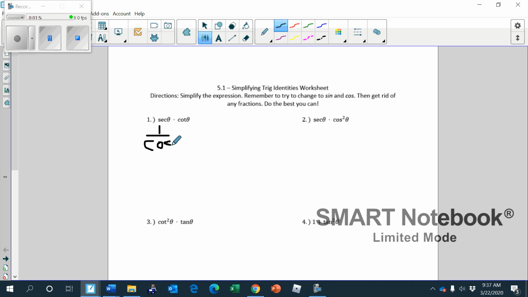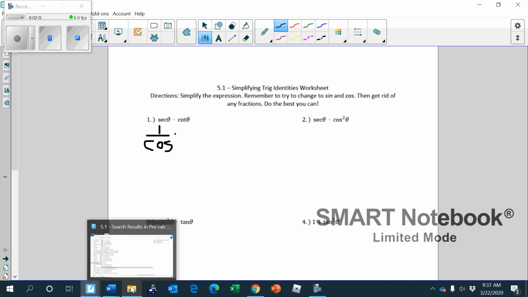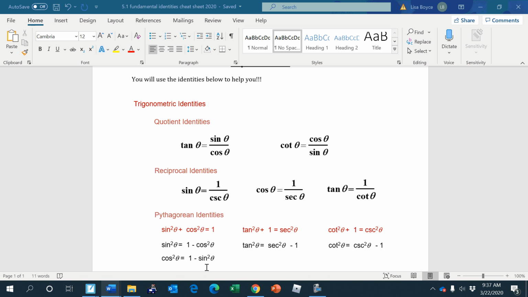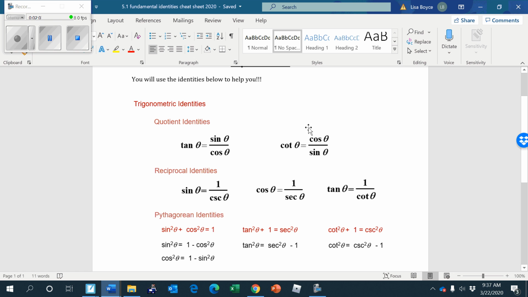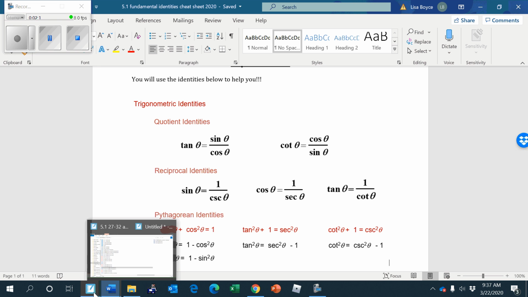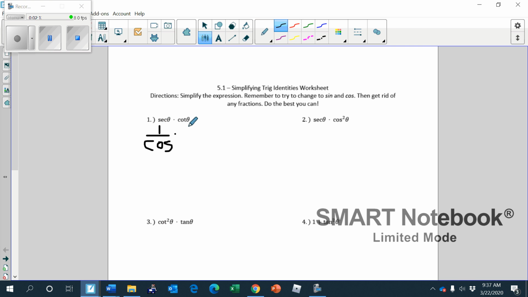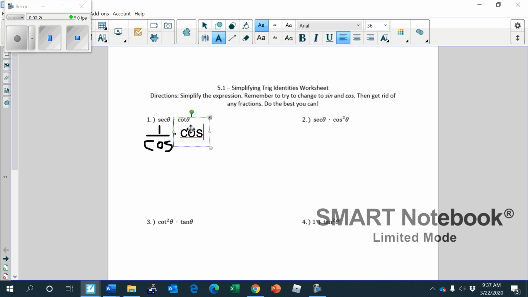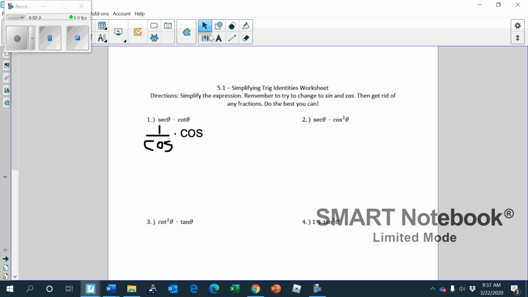Then if you go back to cotangent, we're going to use, again, cosine over sine, because now we're changing it into cosine and sine. I think typing is a little bit better so you can see it easier, right?